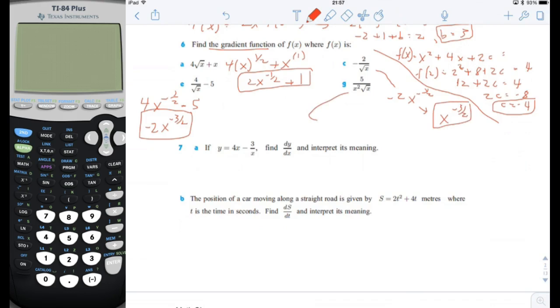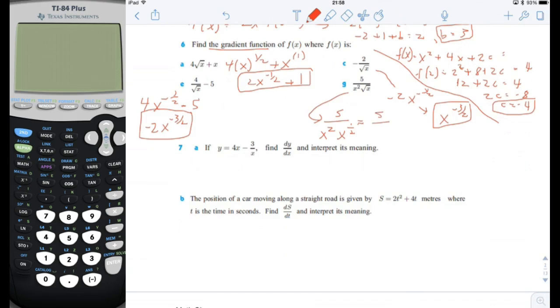Okay, and then last of all, we got this one. We'll have 5 over x squared square root of x. X squared times square root of x is the same thing as x to the 2.5. I'm going to rewrite this to make it a little bit easier: x squared and x to the 1/2. So now I can add these two exponents together.